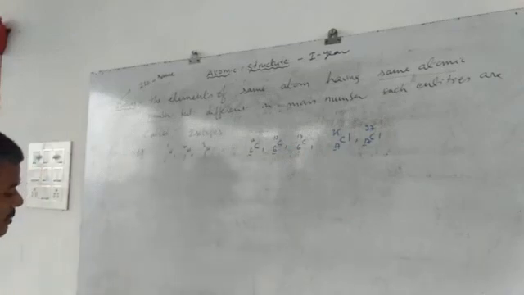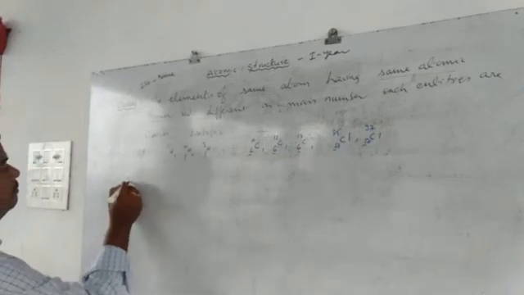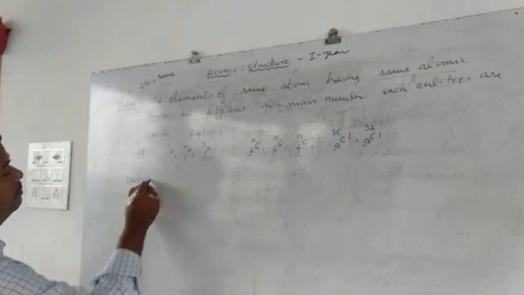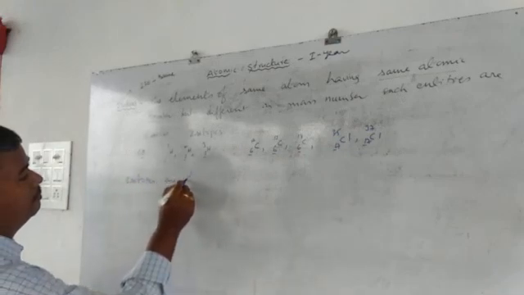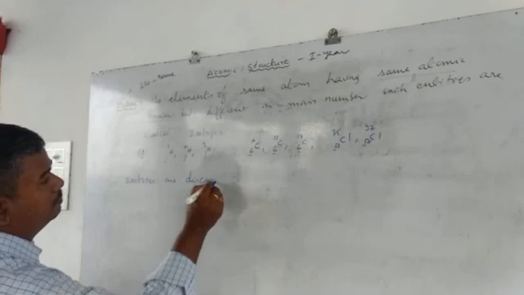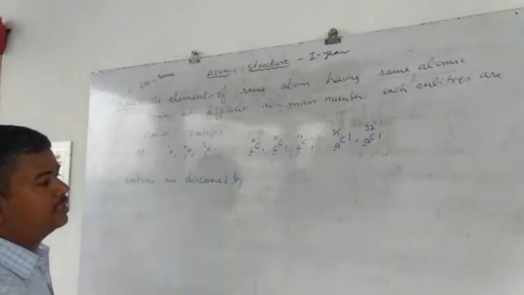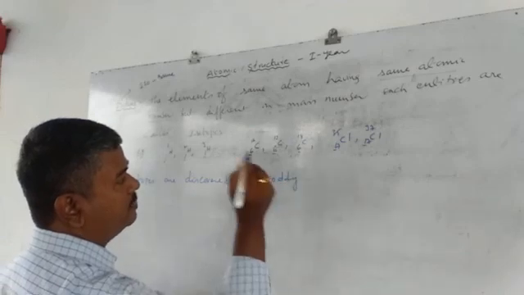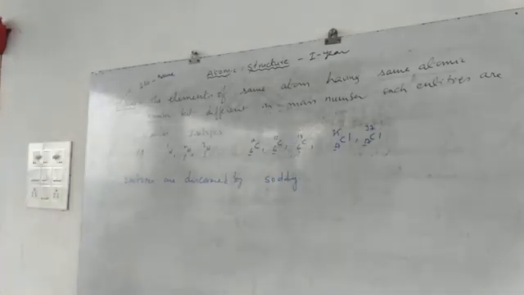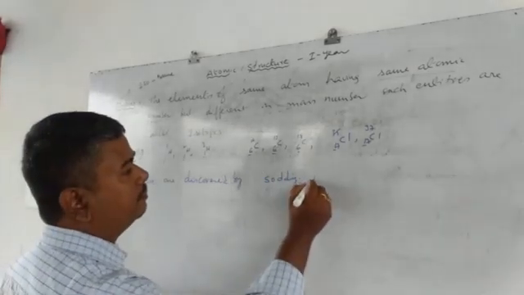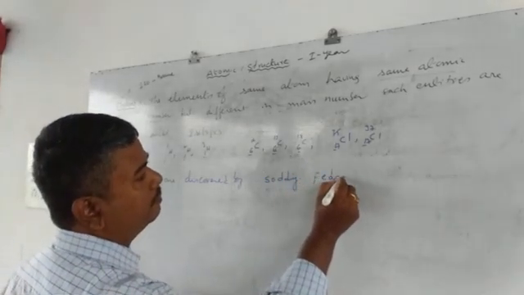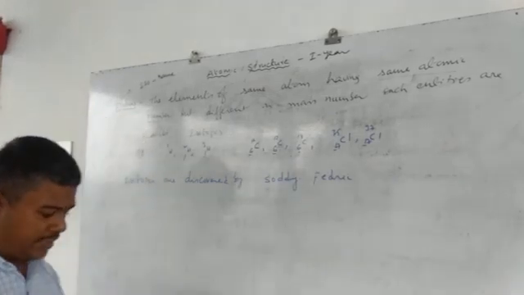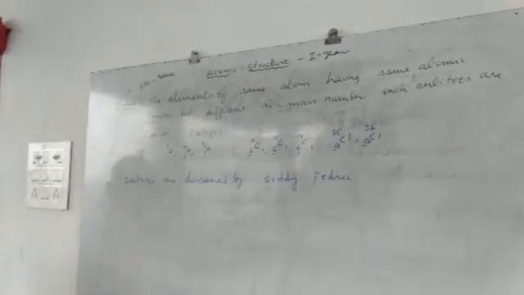Isotopes were discovered by Soddy. Which one? Frederick Soddy. Next one, isobars.